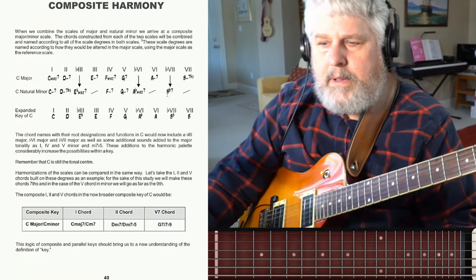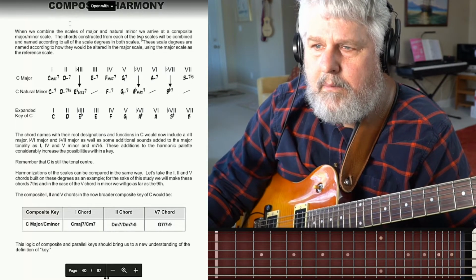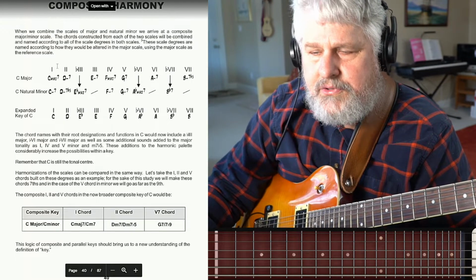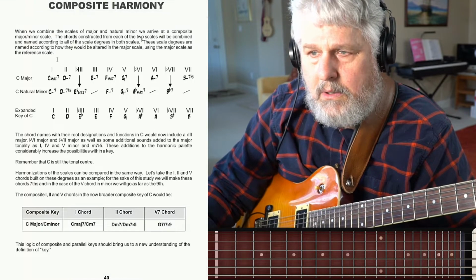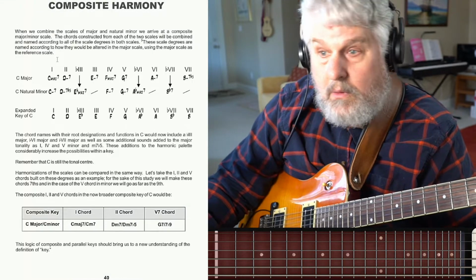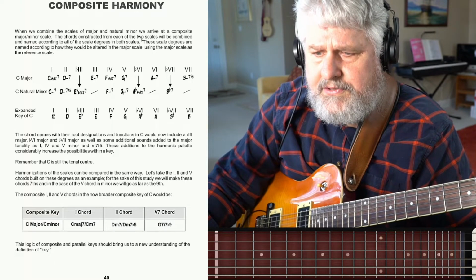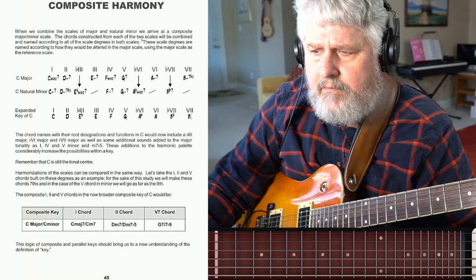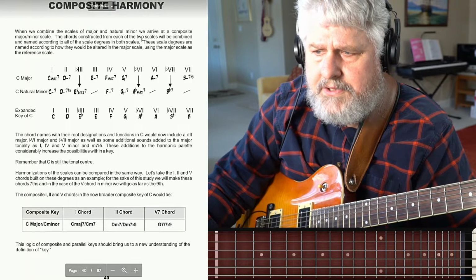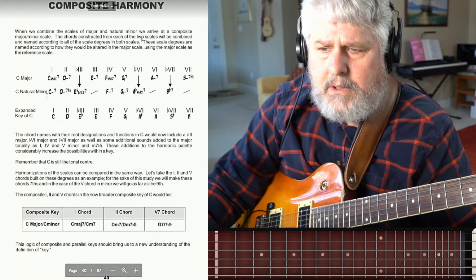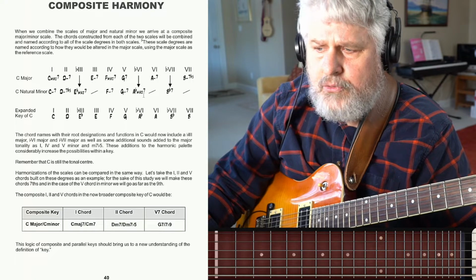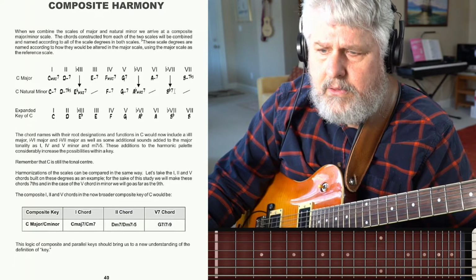Now, when we put these two scales together, we call it a composite scale or composite harmony. The scale of C major is a 7-note scale. The scale of C natural minor is also a 7-note scale.